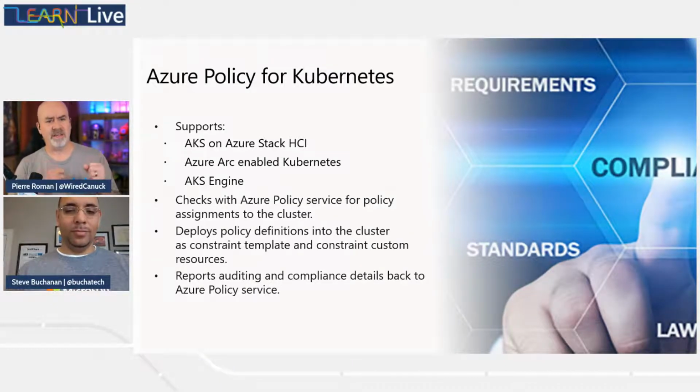So anything that is passed from your control plane to Kubernetes in terms of creating resources or changing configuration or doing anything like that gets caught by the Gatekeeper, and then it gets analyzed and checked against that policy that it downloaded, and then it either allows or denies it.